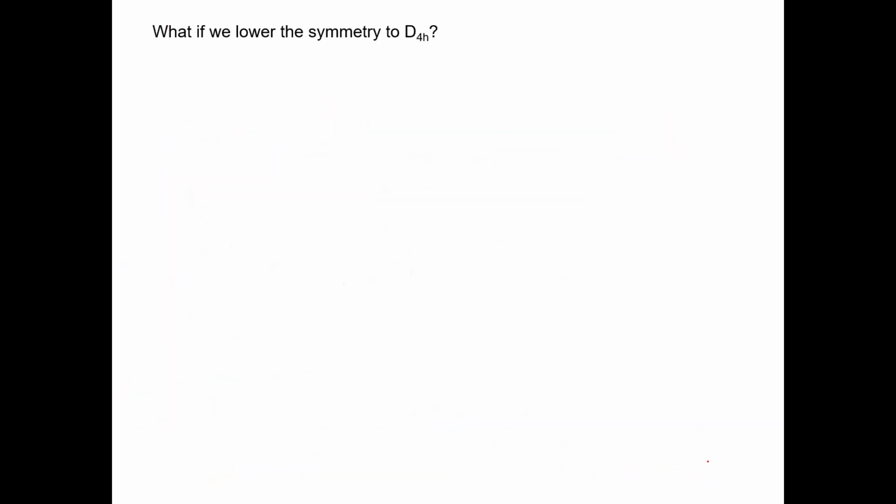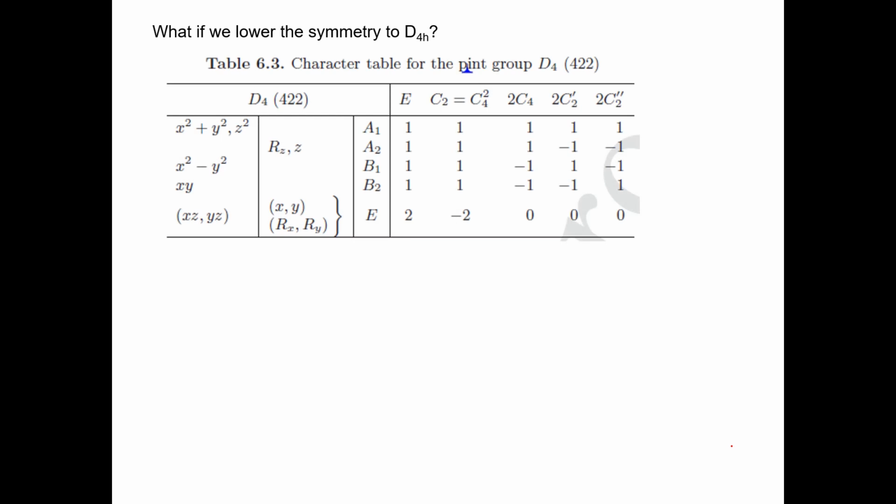All right, very good. So let's do another example. Let's see what happens if we lower the symmetry of the cubic group to tetragonal. For instance, if we apply some strain in the material and reduce the symmetry from cubic to tetragonal, let's see what happens when you now have the D4h group. D4h is tetragonal.